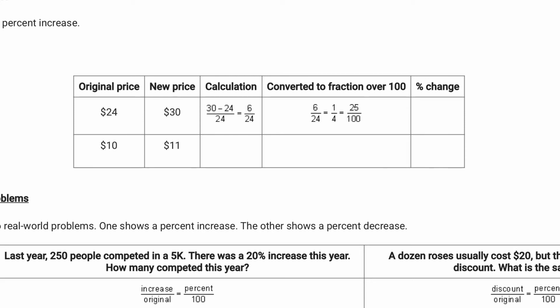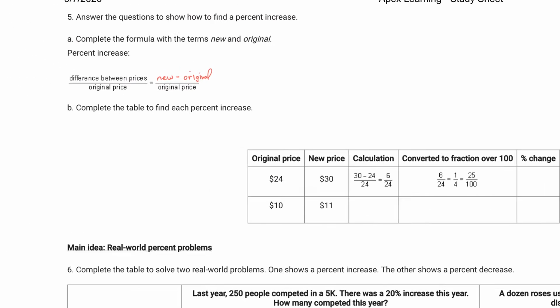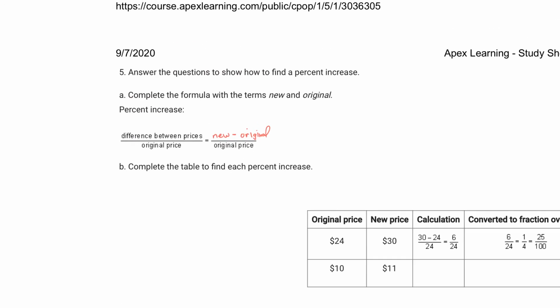What they're doing is they're really just picking the bigger of the two numbers here. There's so many ways of looking at this, and this is certainly one way where we see 30 minus 24. And let's go back to find the percent increase. Yeah, it's just percent increase.